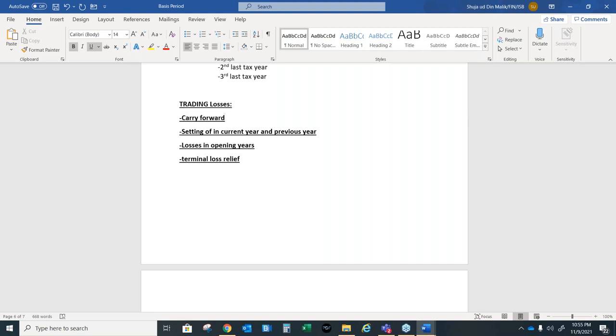If the losses are not treated fully in the second or third pattern, you always have the option to carry forward the trading losses. This is the simplest and the most applicable method that you can apply every single time, once the losses are not treated fully through any other section or method.